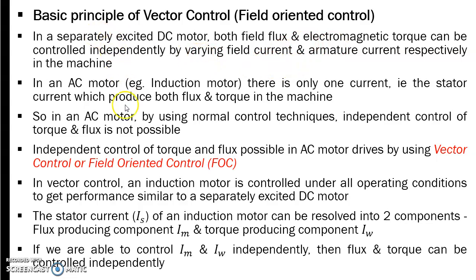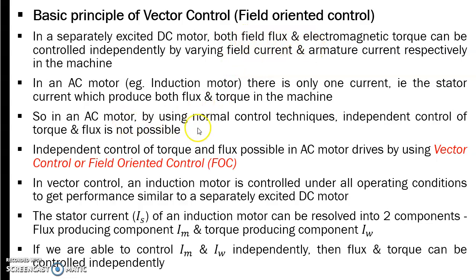But in case of an AC motor, for example an induction motor, there is only one current, the stator current, which produces both flux and torque in that machine. So you don't have any independent control over the field flux and electromagnetic torque like in the separately excited DC motor.